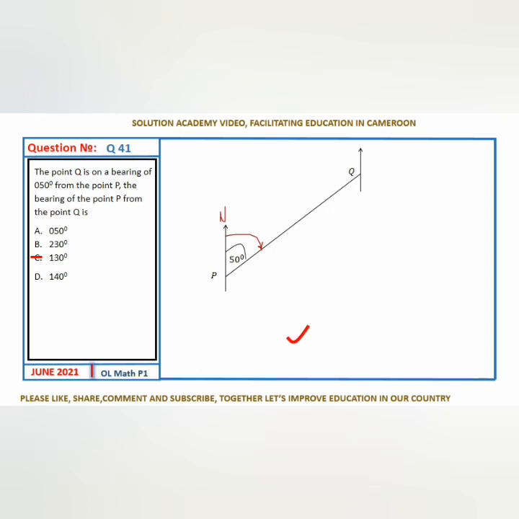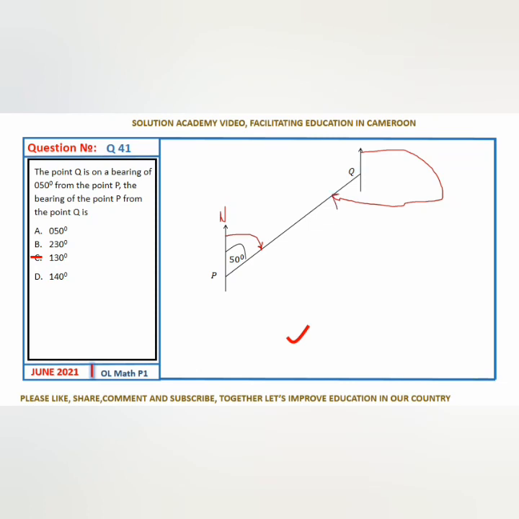Now the question wants us to calculate the bearing of P from Q. So we have to start from the north pole of Q until we come and touch the line that links Q to P, moving clockwise.